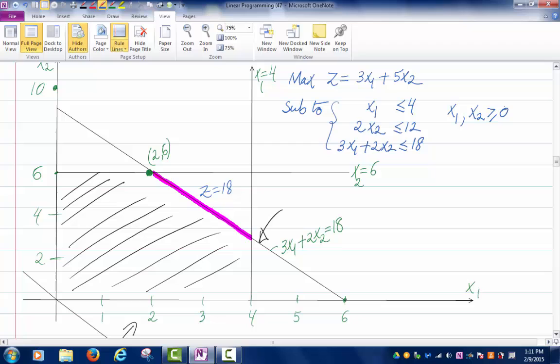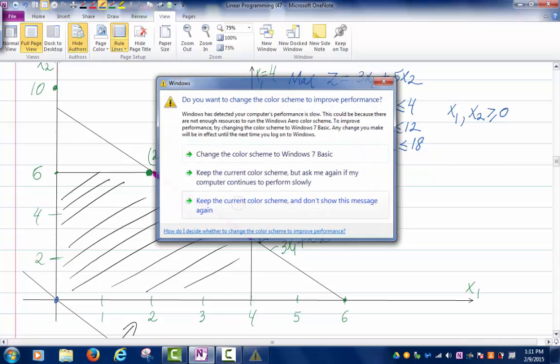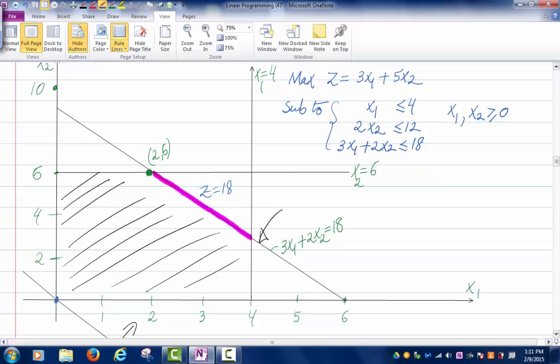And now let's look at the corner points or the vertices of this feasible region. I have a vertex at the origin, a vertex at 0, 6, a vertex at 2, 6, and another vertex where x1 is 4 and x2 is 6.